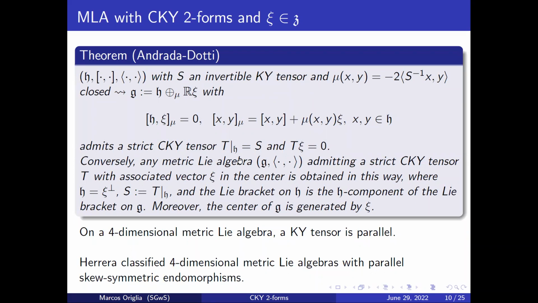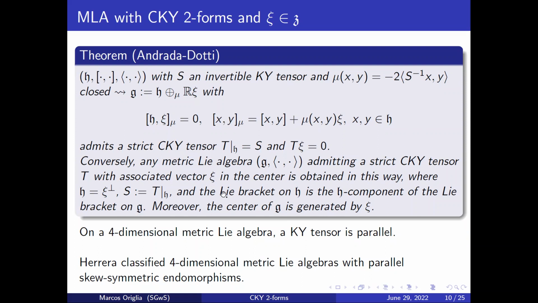Conversely, if you have a Lie algebra admitting a strict conformal Killing tensor such that this special vector is in the center, then it has to be an extension in this way of a smaller Lie algebra with an invertible Killing tensor. And moreover, the center is generated by this vector, so the center has dimension 1.